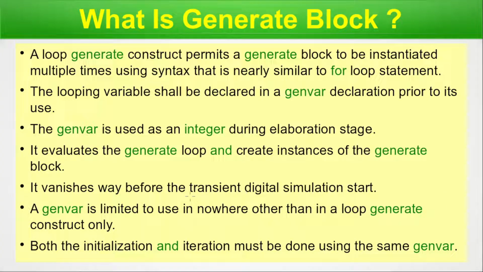Both the initialization and iteration must be done using the same genvar. So here we are done with the in-depth question of what a generate block is. Now we will have some additional information about this generate block in the next slide. So let's move on to the next slide.